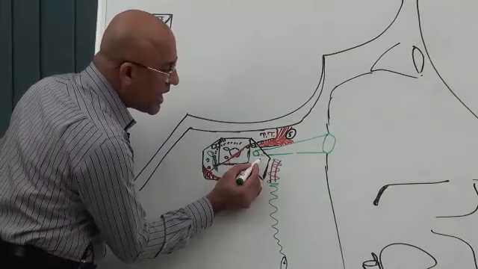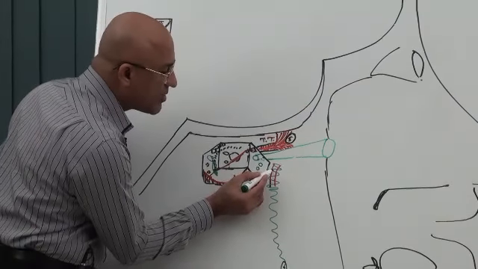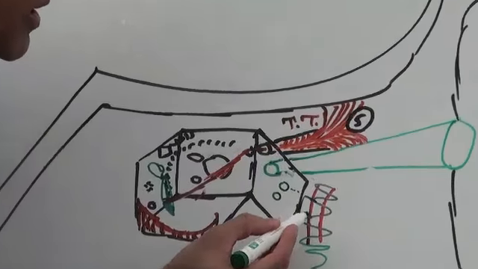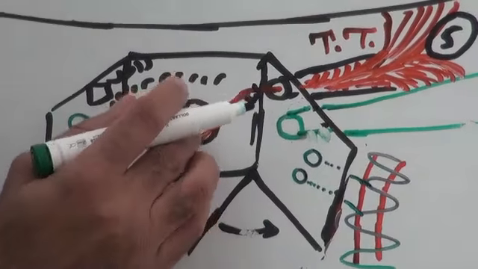Some of these fibers, as one superior bundle and one inferior bundle, enter into the middle ear as superior and inferior branches.